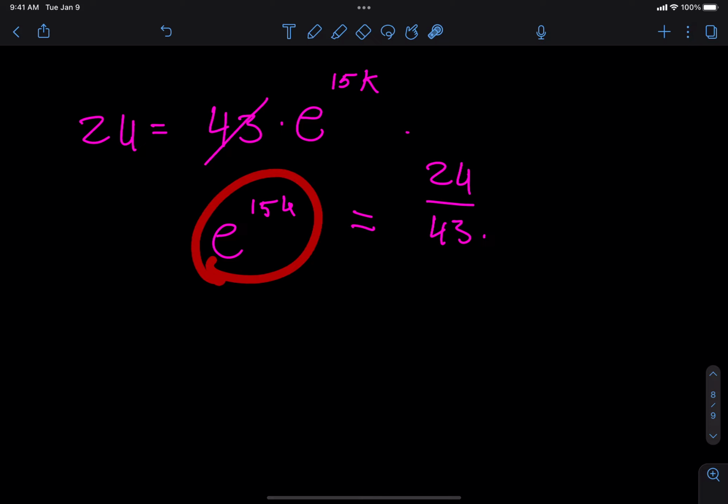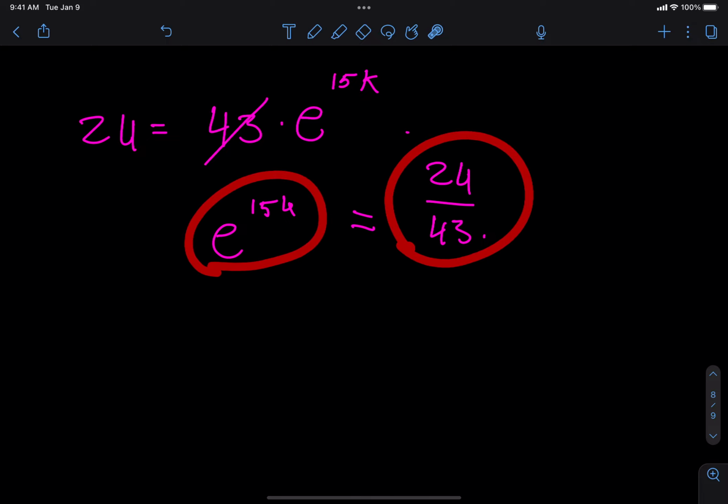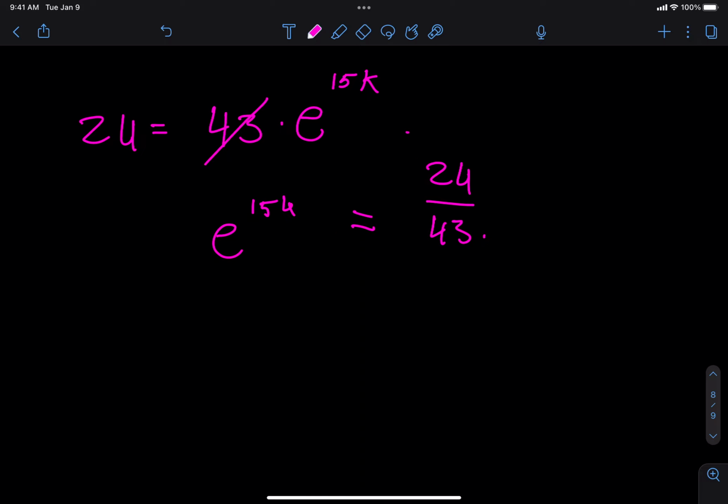I've gotten this thing isolated. What should I do now? Well, it's not exactly that we're going to add ln so much as these two numbers are the same, right? So what I'm going to do is use them both as the input in the ln function. If by add you mean write, then yes, we're going to write ln of e to the 15k, but it's not an addition process, it's a plugging process.